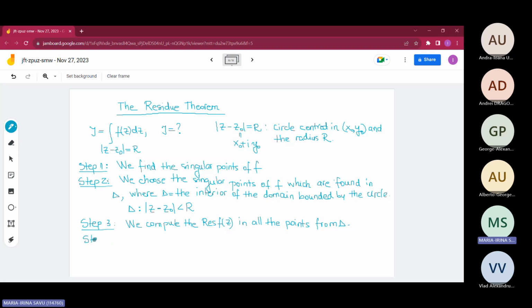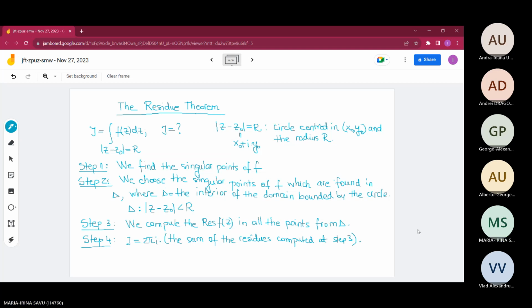And step 4, the integral I from the residue theorem is 2 pi i times the sum of residues computed at step 3.